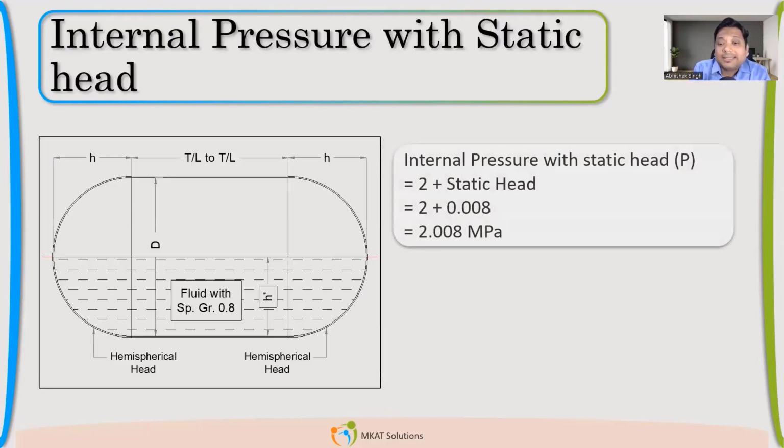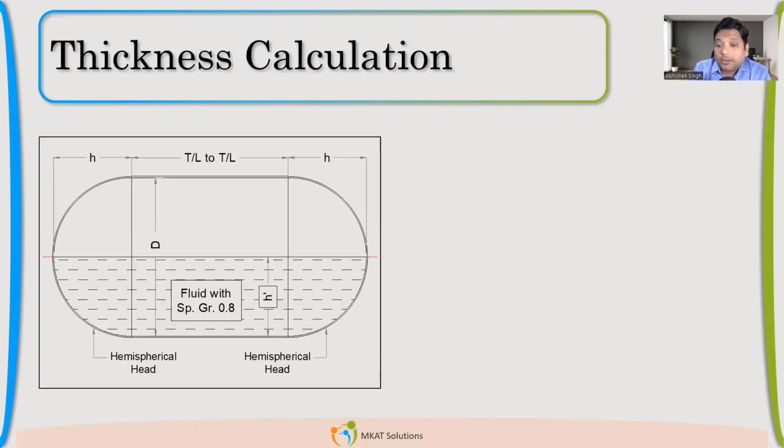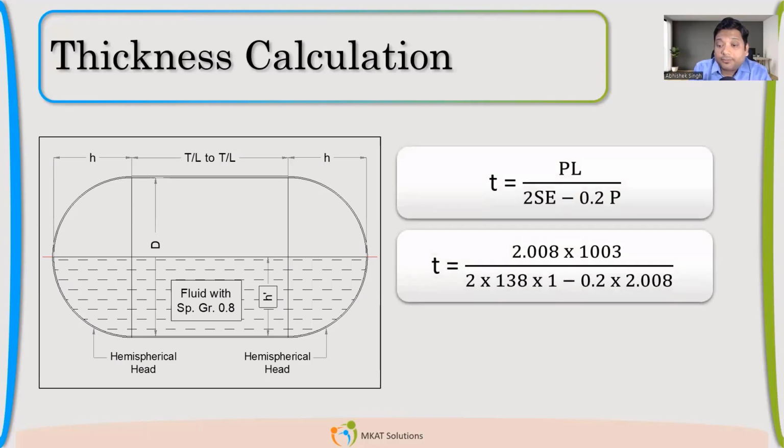Now I'll add this static head to the internal design pressure. My internal design pressure is 2 MPa plus 0.008, 2.008. Now we'll do the thickness calculation. Pressure we know, 2.008. L is 1003, because it's the inside corroded radius.